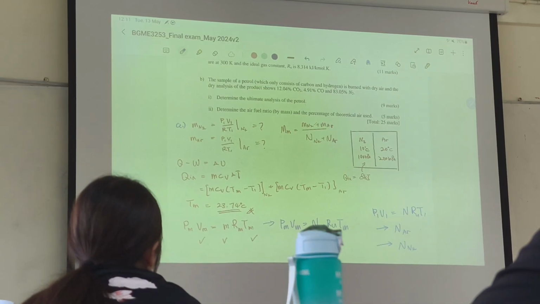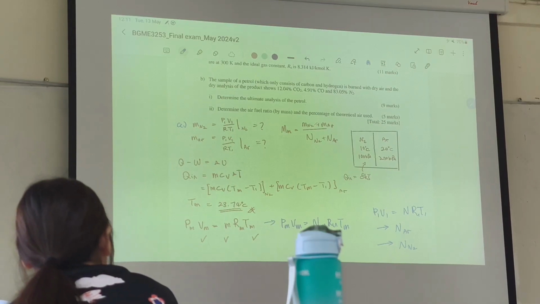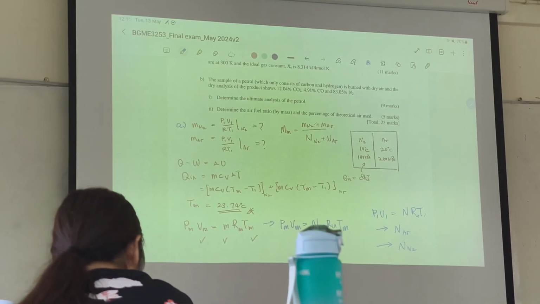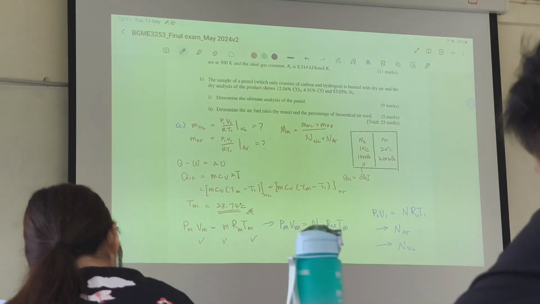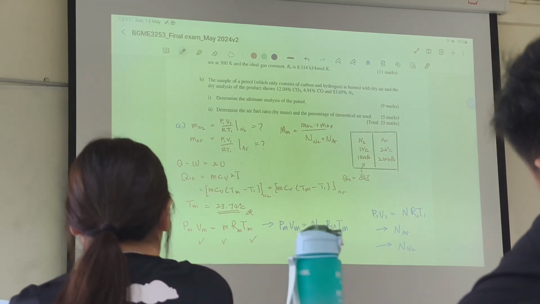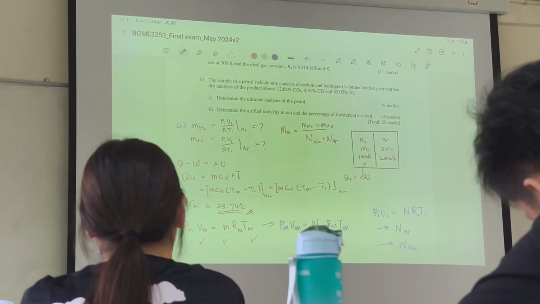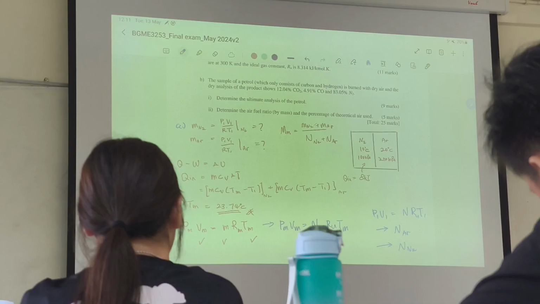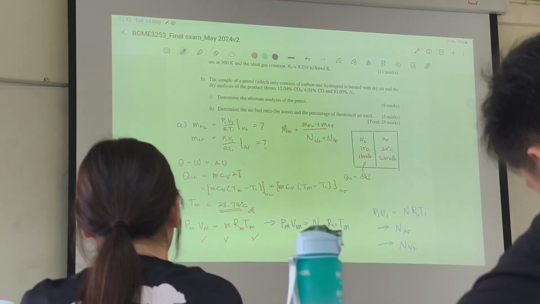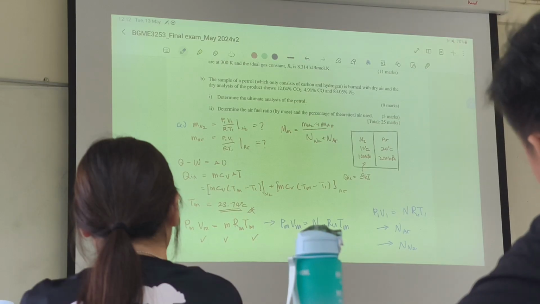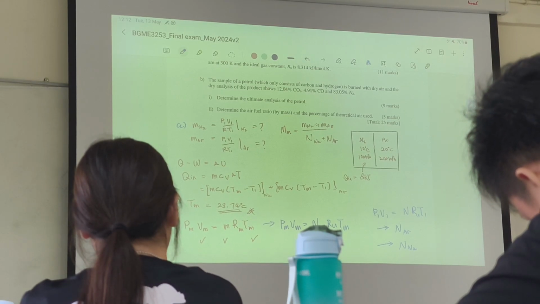If you use the universal gas version, then you don't need to find the molar mass of the mixture. So you can save one step. Actually this one is just tedious, because you need to repeat this to find the mass, then repeat this to find the mole. So don't forget that solving things in terms of mole is always easier compared to mass. So where possible, just use mole.